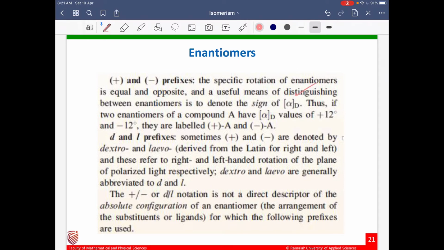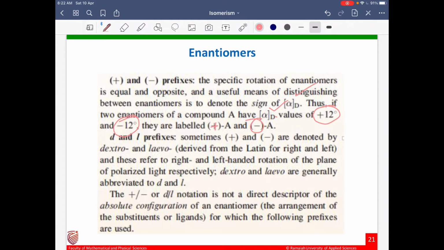Thus, if two enantiomers of a compound A show alpha values of plus 12 degree and minus 12 degree, plus means it rotates the light clockwise, and minus means it is rotating in the anti-clockwise direction.